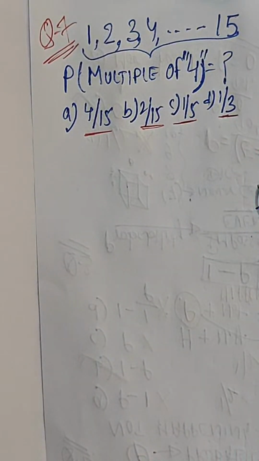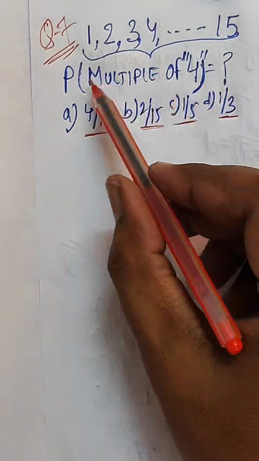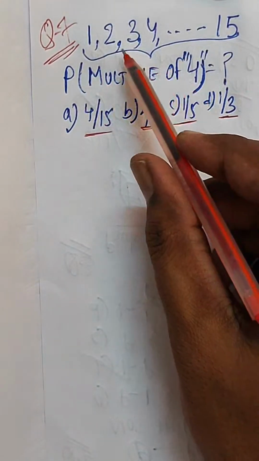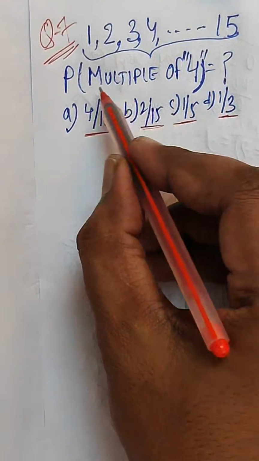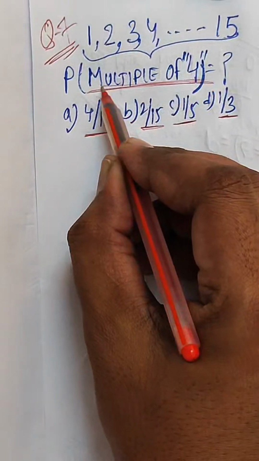So here students, in this question, you can see multiple of 4 from the numbers 1 to 15. What are the multiples of 4? Mind this word, multiple of 4.